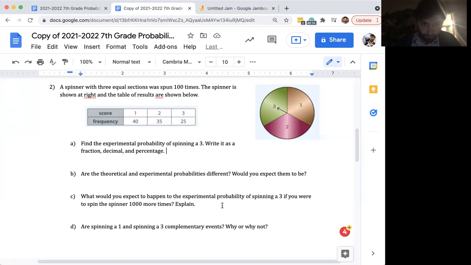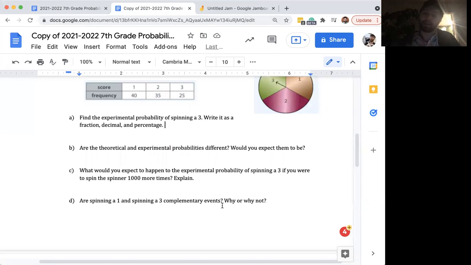Now, C asks us, what would we expect to happen to the experimental probability of spinning a 3 if we were to spin the spinner 1,000 more times? And explain.